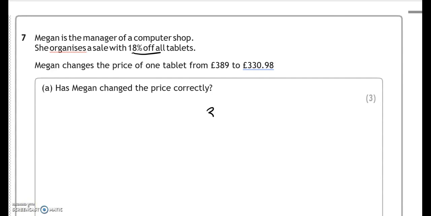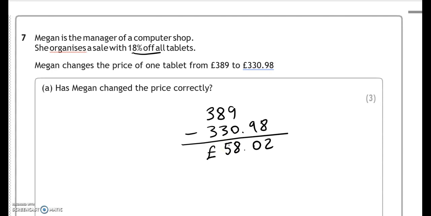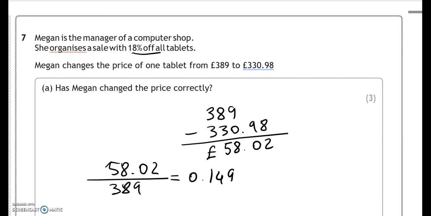So 389 take away 330.98, it gives us £58.02. So that is £58.02 out of the original, which was 389, and it gives us 0.1492 rounded to 4 decimal places.